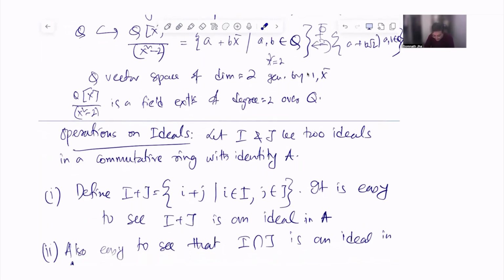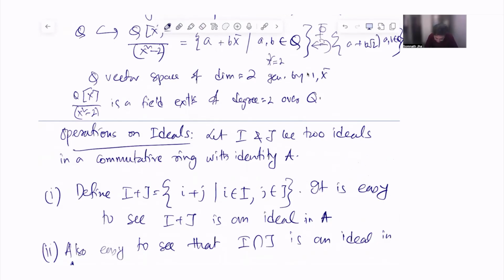And if you multiply by any element r in A, then r times (i plus j) is ri plus rj, but ri is in I and rj is in J. So it is again in I plus J. So it clearly forms an ideal.